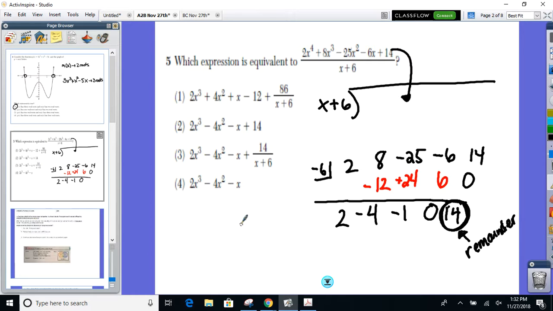So the last thing is going to be plus 14 over whatever you divided by. In this case, x plus 6. And how do I write the rest of it? Whatever the highest exponent was, this will be one less. So 2x to the third minus 4x squared minus x. There is no number because there's a 0 there, plus your remainder.